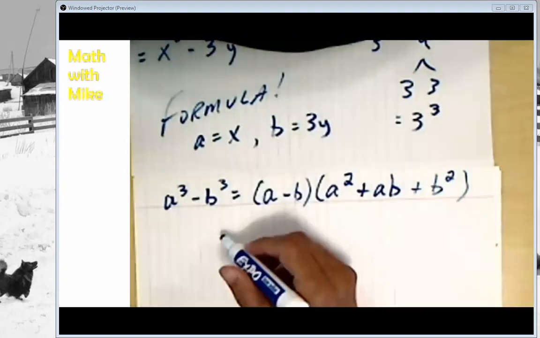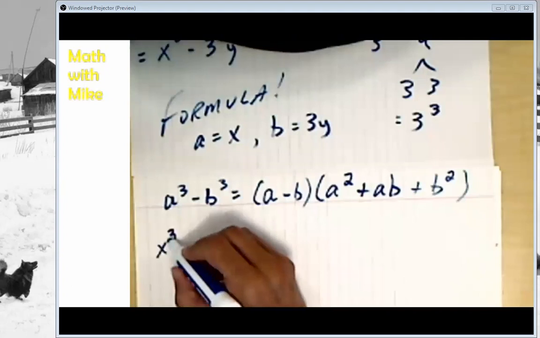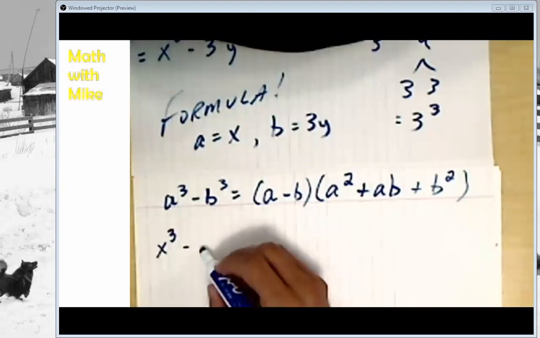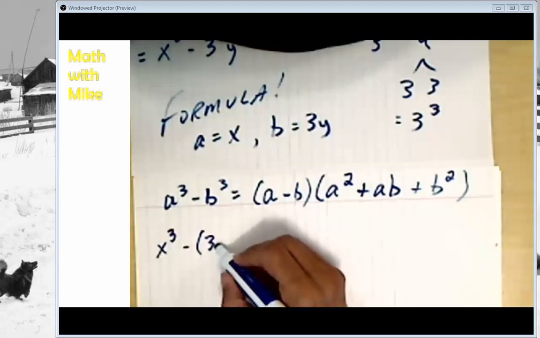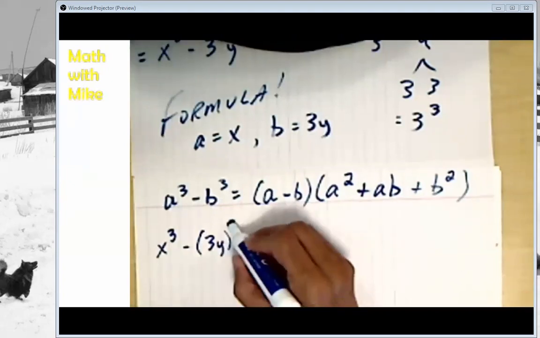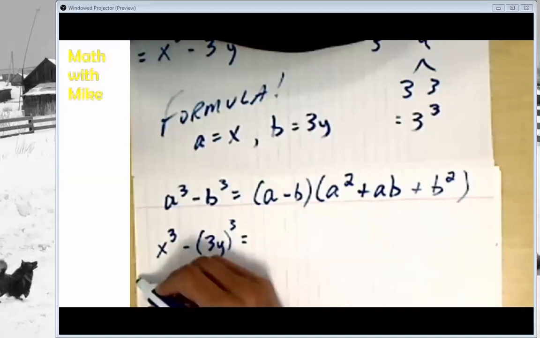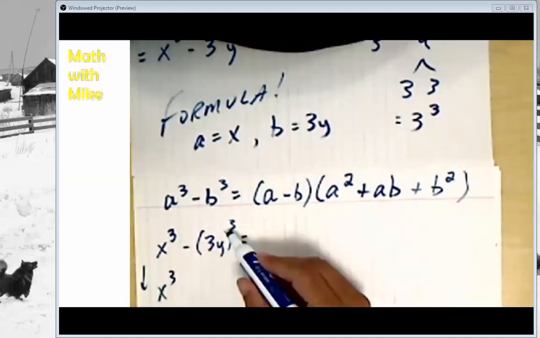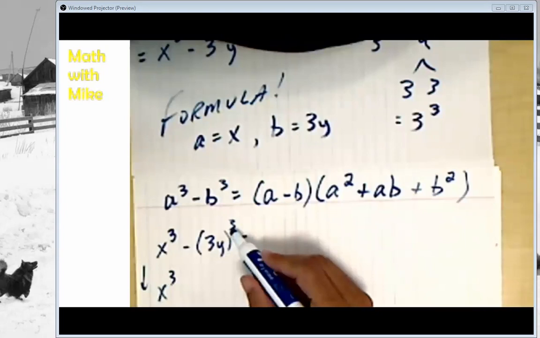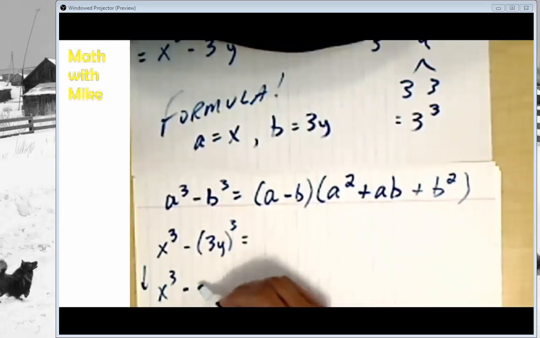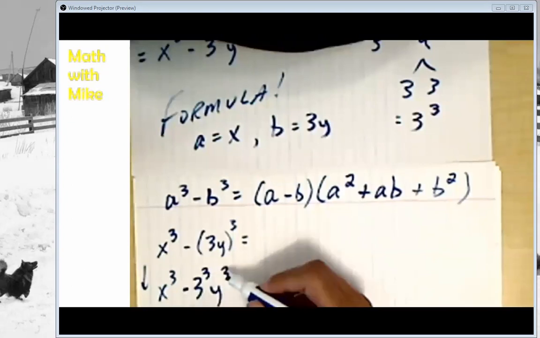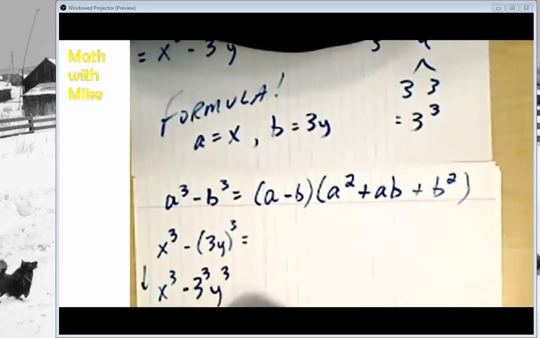So we get X cubed minus 3Y. This is our question. And just maybe to remind you here, right, with exponents, this 3 on the outside goes to each on the inside. And so that's where we get our 27Y cubed from.